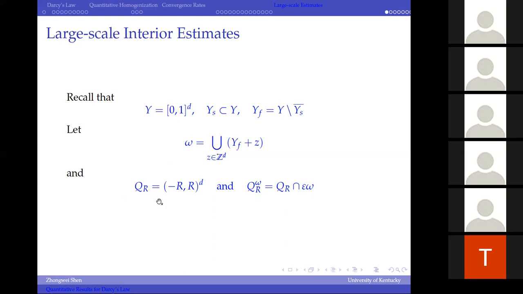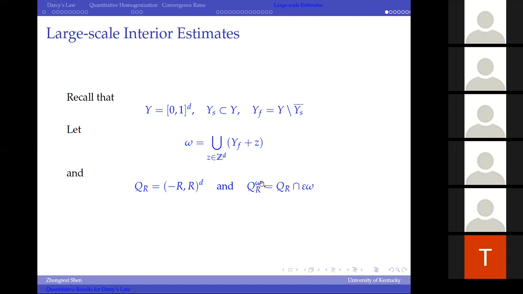All right. So let's say you take a cube of size r, and r greater or equal to epsilon, and then we just call the intersection of this cube with this rescaled epsilon omega domain Q_r omega. Something is wrong here. I probably should call it Q_r epsilon. So this is a typo.